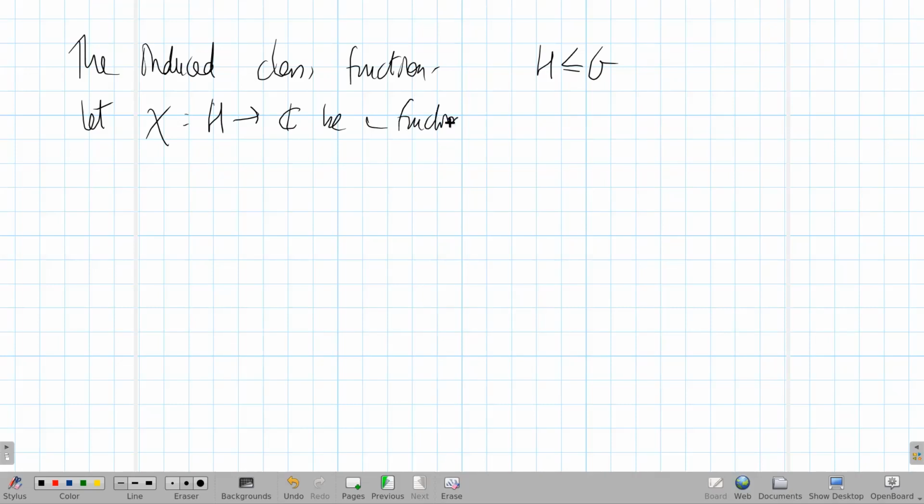It does not need to be a character or a class function on H. It doesn't matter, we'll get a class function on G anyway. First of all, you define chi naught from G to C, which is simply the following: chi naught of G is chi of G if G is in H. Otherwise, it's 0.